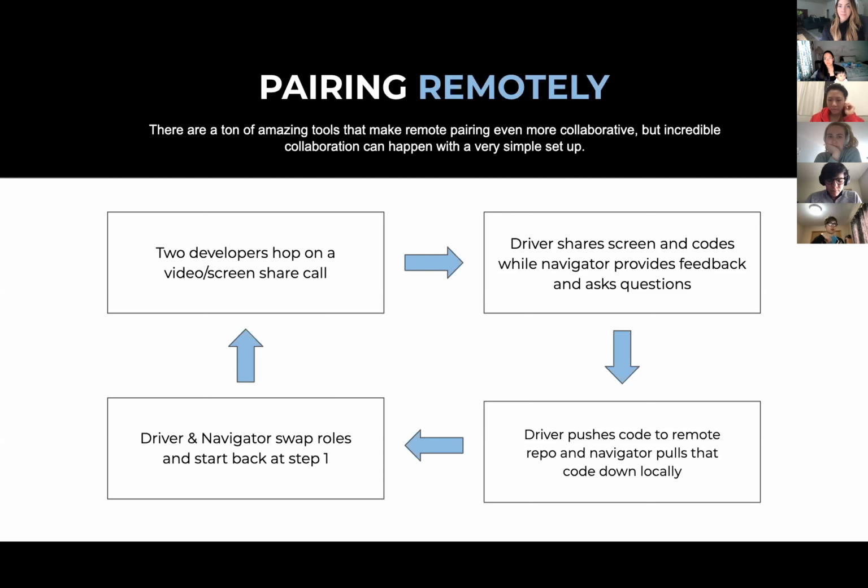So the person who's coding is going to push their code up to GitHub, the other person pulls it down, and then you change roles. Because I think both roles really offer the opportunity to work on different skills. And I just think it's really important to have the opportunity to do that.